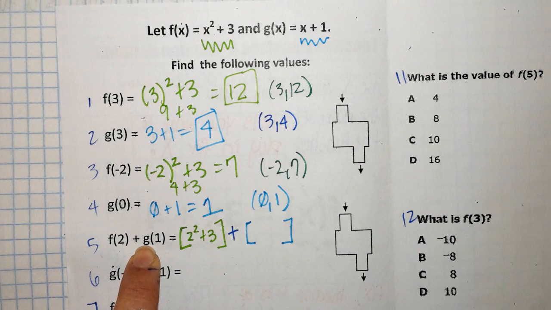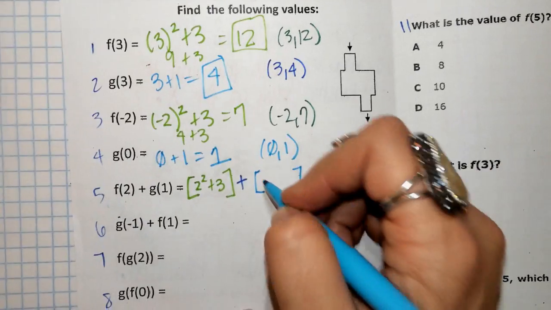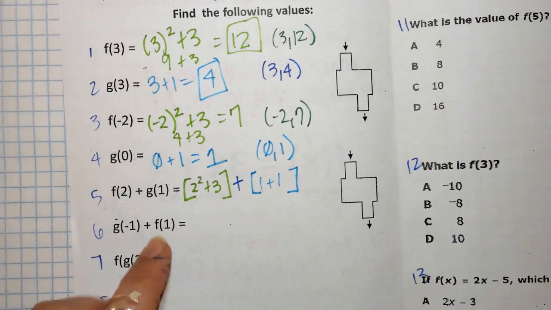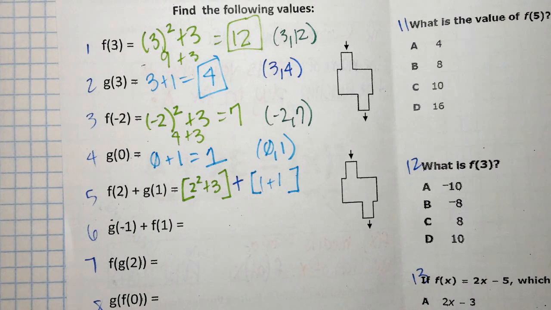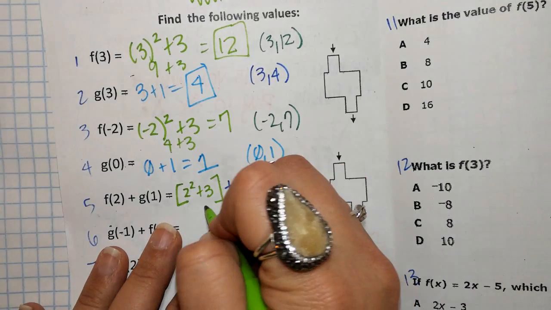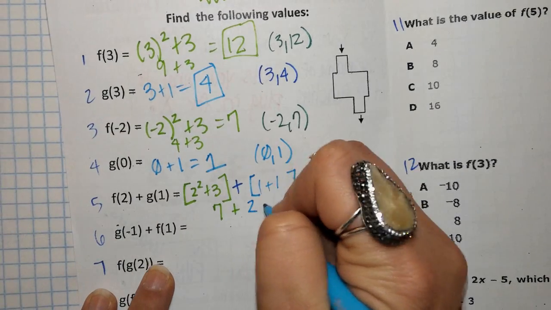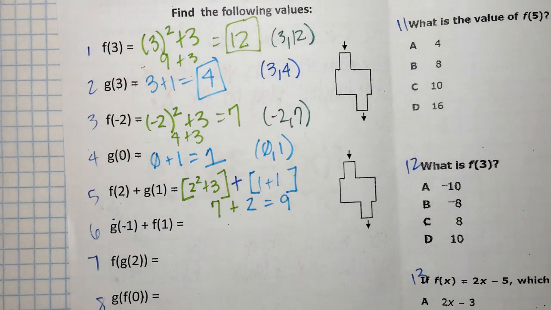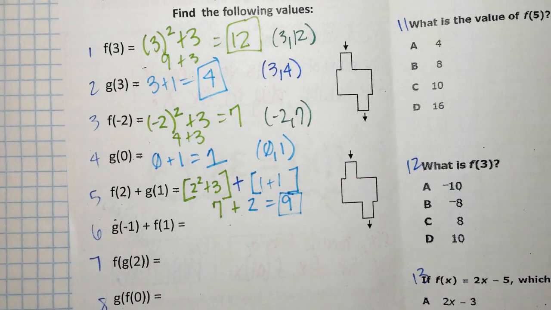For G, because it says G. What am I going to replace X with? 1. So 1 plus 1. Now, what's 2 squared? That's 4. What's 4 plus 3? 7. So now I have 7 plus, what's 1 plus 1? 2. What's 7 plus 2? 9. Boom! That's easy.